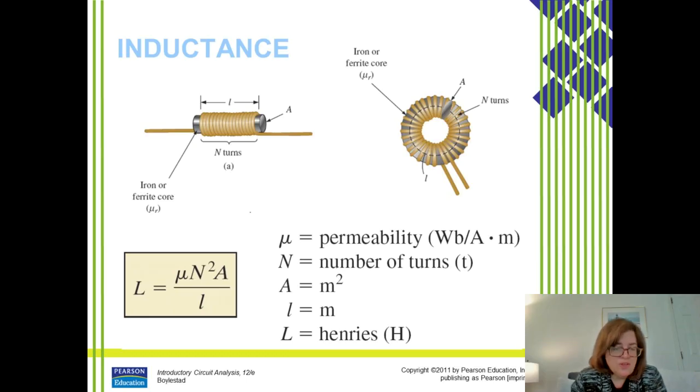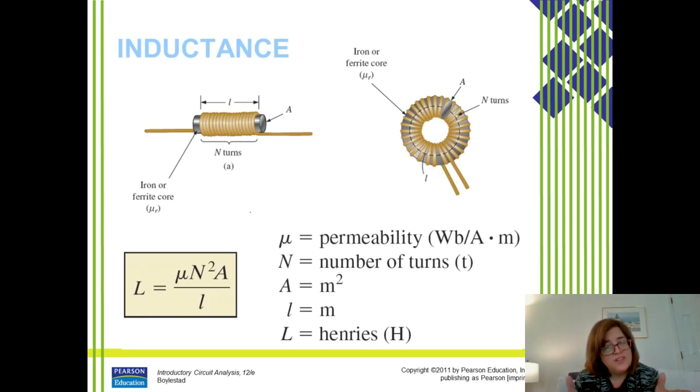The other two properties about this coil that we can change are the cross-sectional area of the coil itself, so how large it is, and then, of course, the length of the coil. If we increase the permeability of the core material, or increase the number of turns, or increase the area of our inductor, we're increasing the inductor value itself.